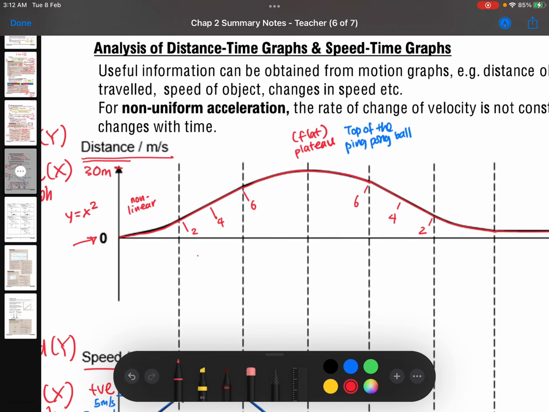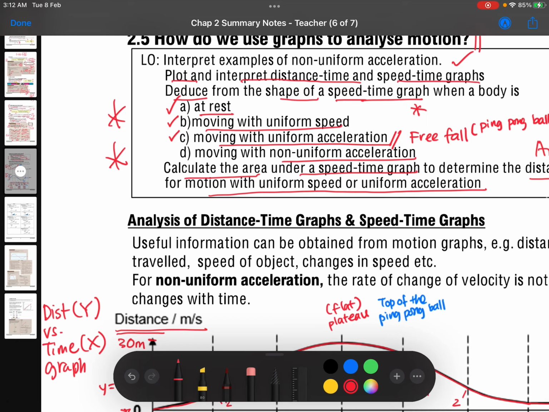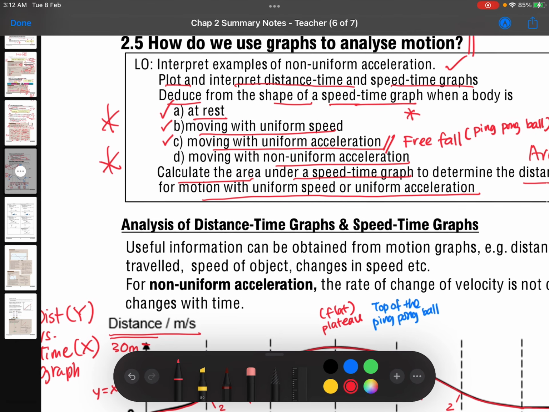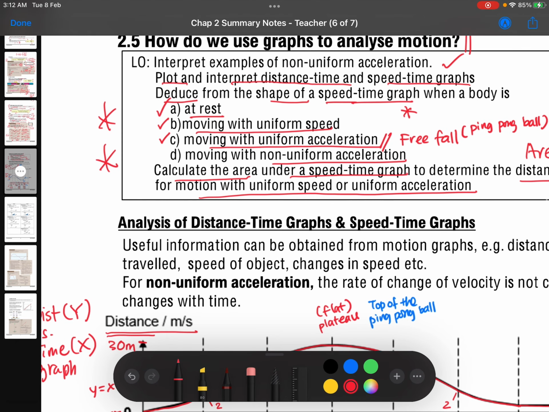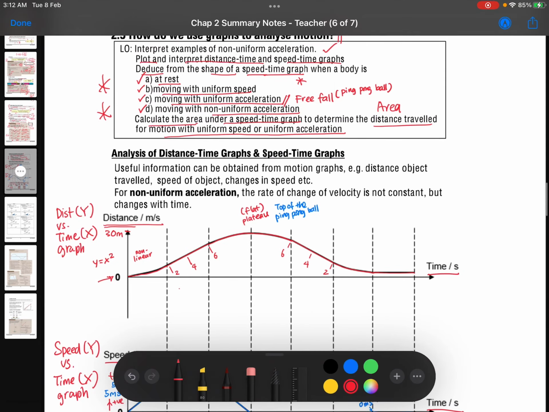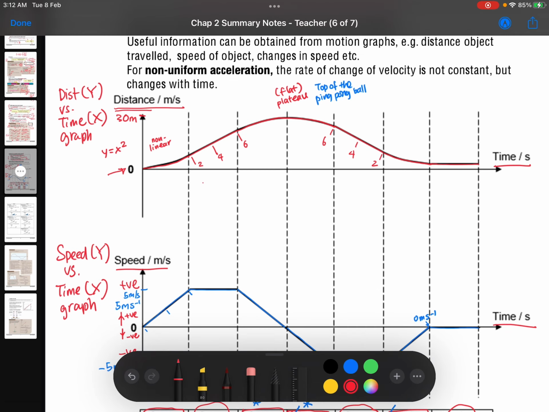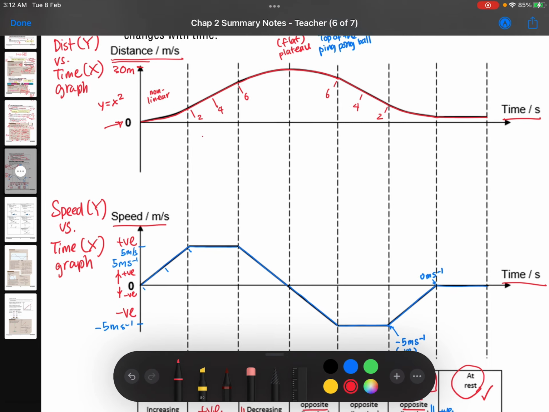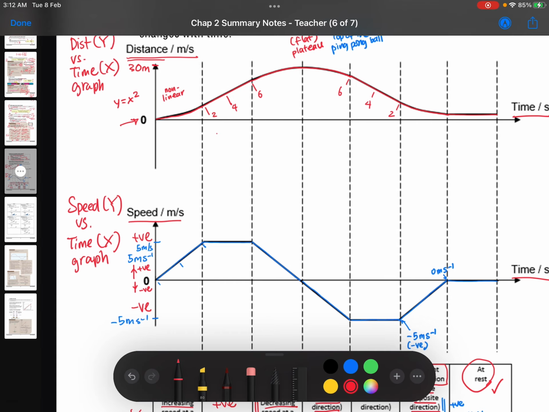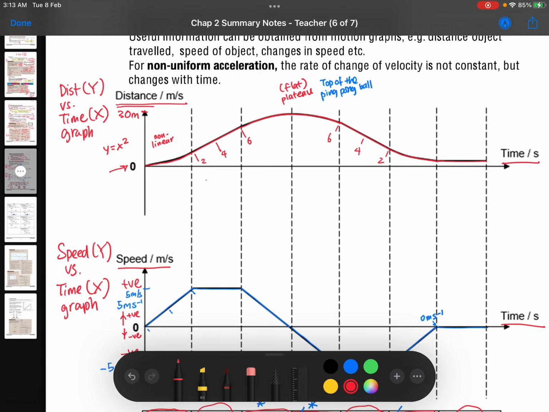Yeah, what we have covered is uniform acceleration. Now for this part, part D, we're going to go on to the next page. So I hope you can understand this. But if you can't catch what I'm saying for the moment, I suggest you play this video over and over again until you understand.